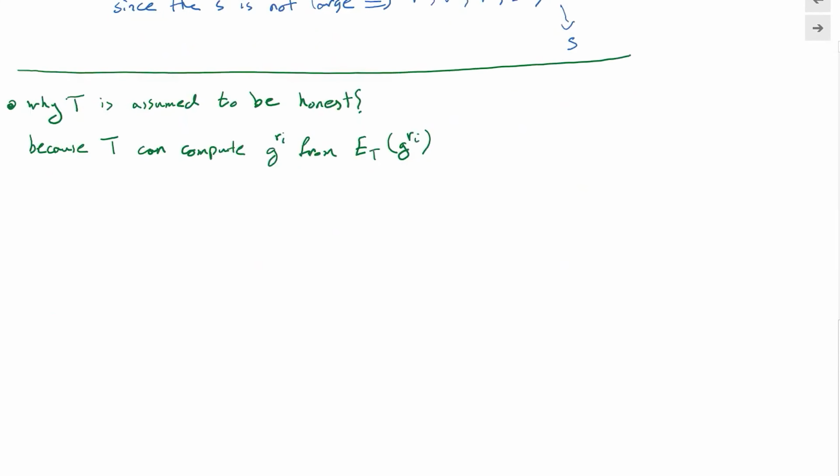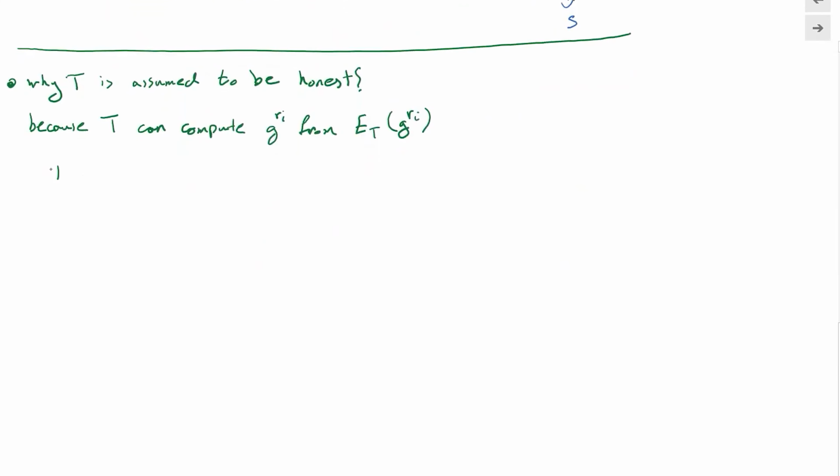And then once he has that, T can see Vi's vote by doing V to the Mi divided by G to the Ri from the commitment.